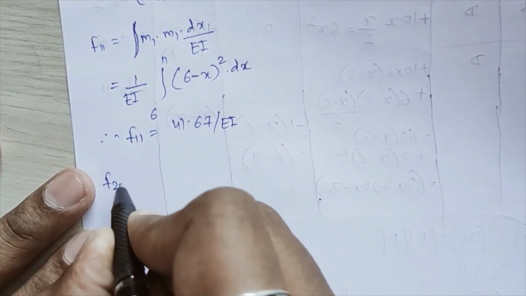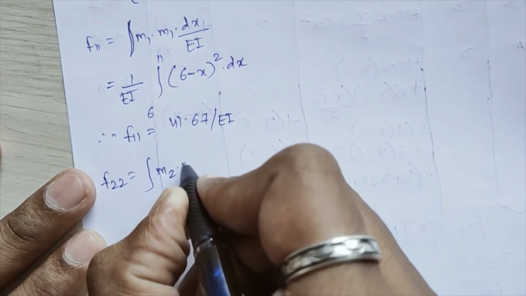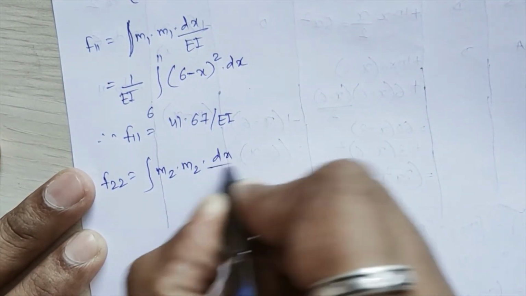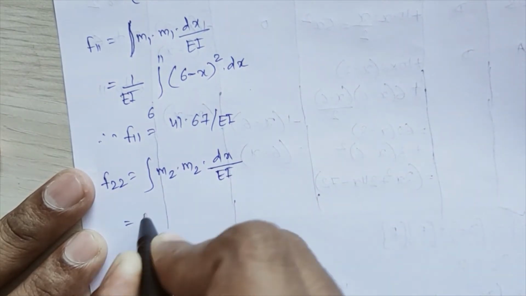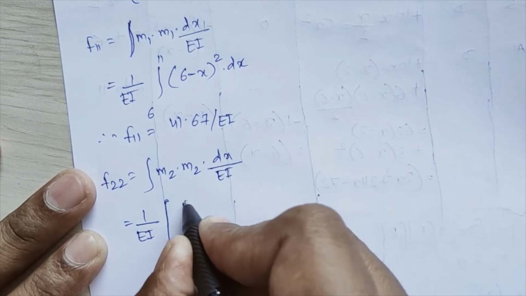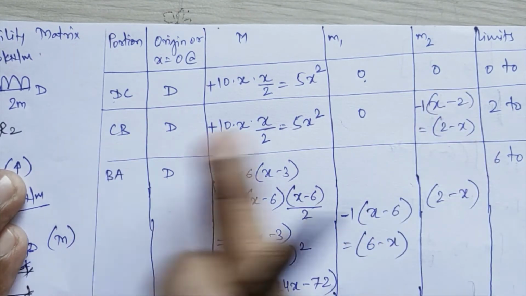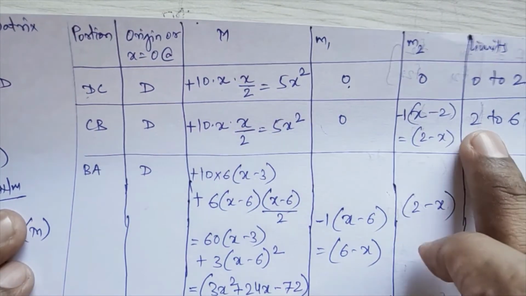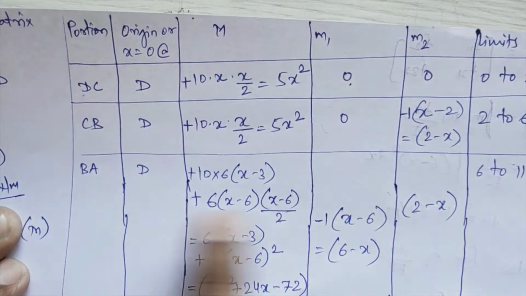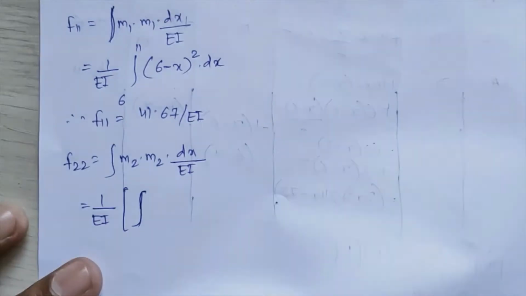Next I'll solve for the second direct flexibility, f22, that is integration of m2 into m2 into dx divided by EI. Again 1 upon EI is constant outside the integration. Now we'll solve for the portions. For the first portion DC, that value is 0. For CB I am getting 2 minus x within limits of integration 2 to 6, and for BA I have again 2 minus x within limits of integration 6 to 11.